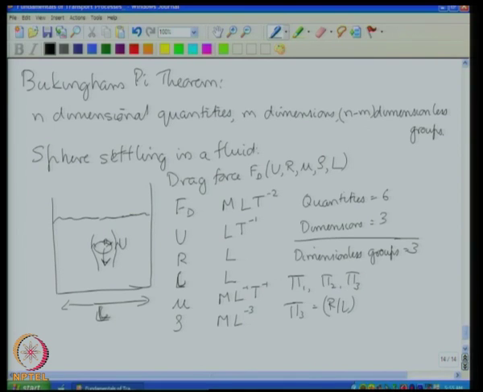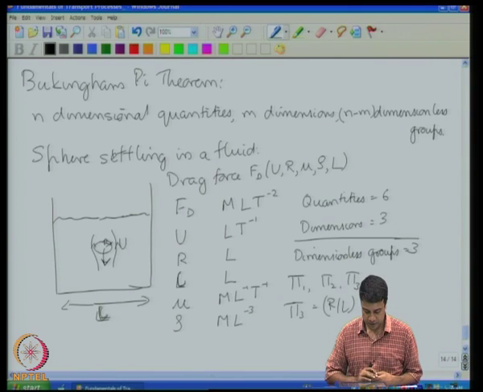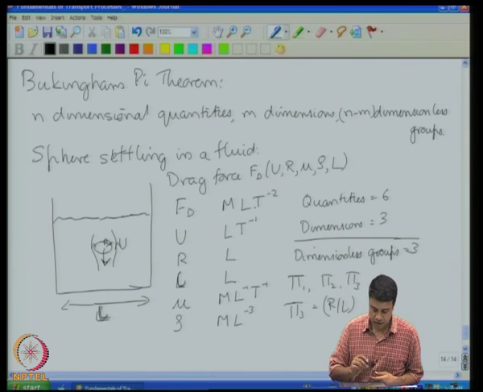Now, what we want to find out is the force. So, obviously, the force, the dependent variable which depends upon all of these other independent variables, has to appear in one dimensionless group. So, one should be able to form a dimensionless group which contains the force and 3 of the other quantities, because the force contains 3 dimensions.